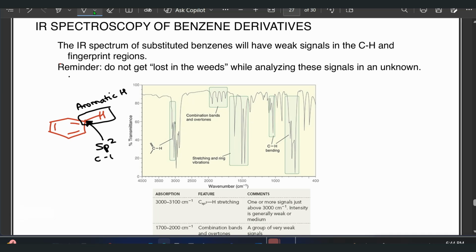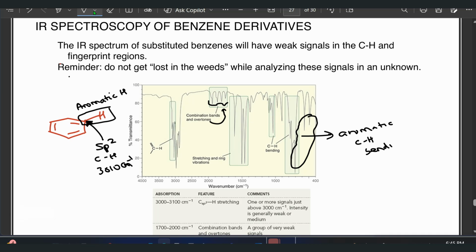So sp2 C-H stretches should be around 3010 wave number. I told you about these right here. Those are called overtones. And we usually have bend modes, not just these, including these. Those usually denote aromatic, at the very end. Remember how you were told not to worry about the fingerprint region?